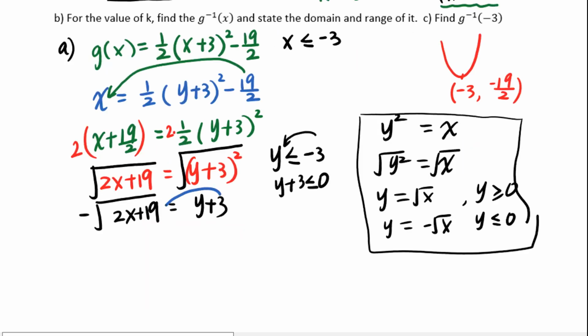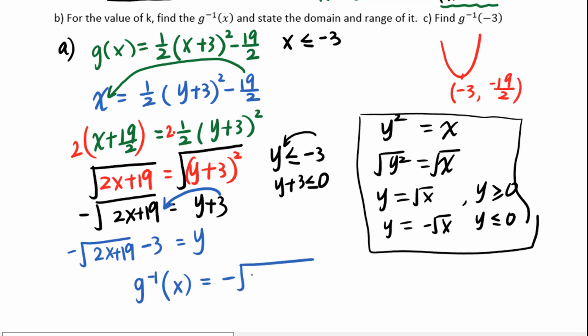Then cross the river, change sign: y equals negative square root of 2x plus 19, then minus 3. Last step, change y into the inverse symbol. So inverse g of x equals negative square root of 2x plus 19 minus 3.